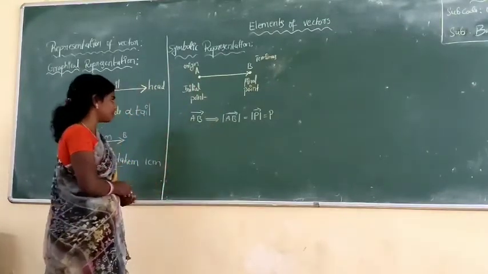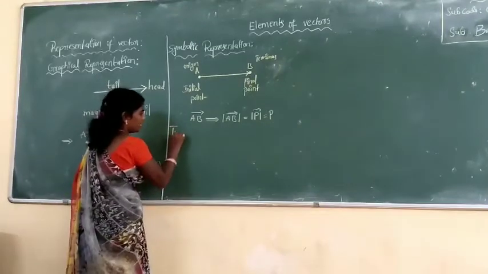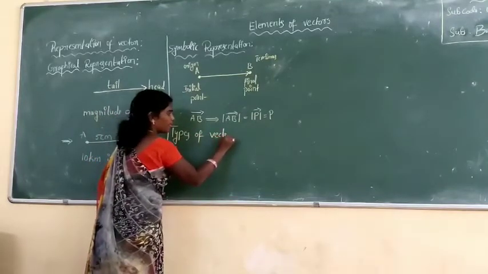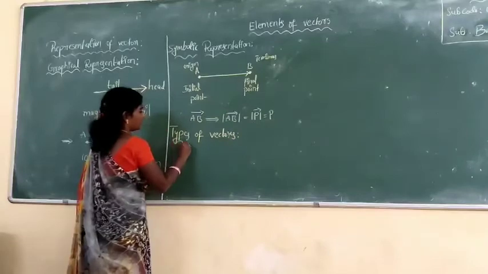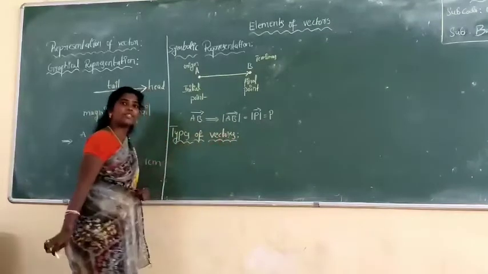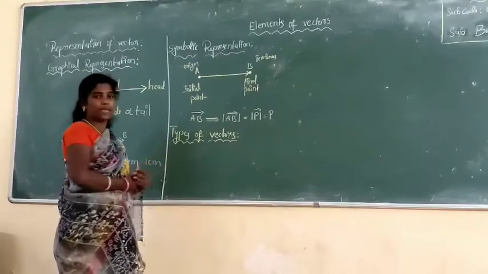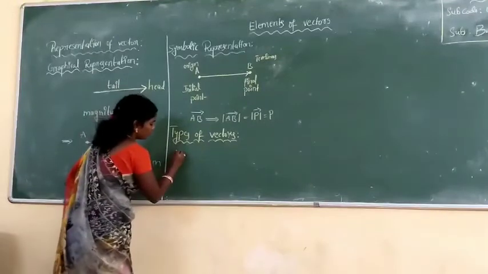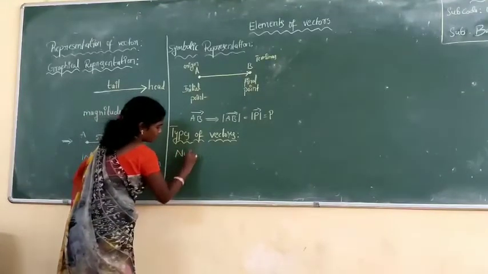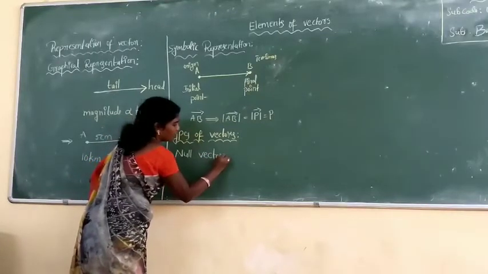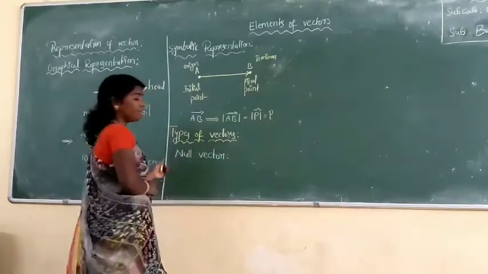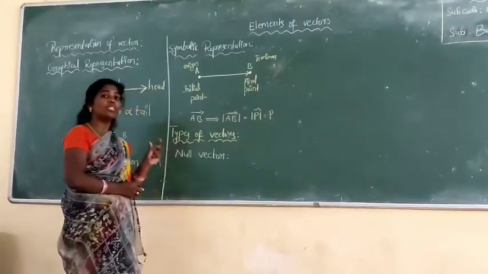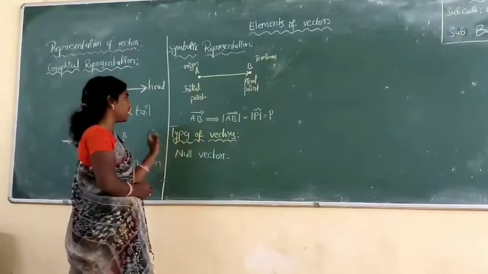Representation, right? Next topic, types of vectors. There are 8 types of vectors, let's learn about that. First one, null vector.